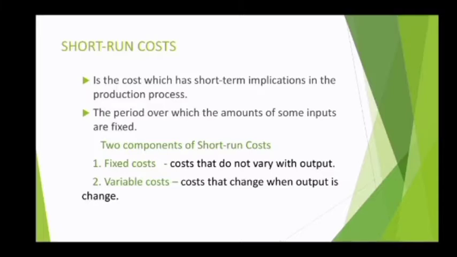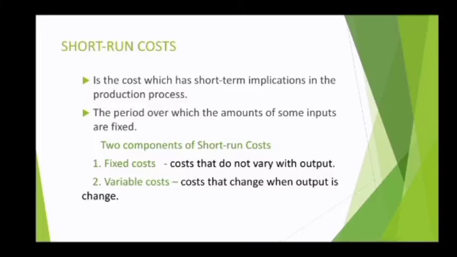The total cost of producing output in the short run consists of the cost of fixed inputs and the variable inputs. These fixed and variable inputs are the two components of short run cost. So we can talk all about the two components of short run cost. The first is the fixed cost, and it is the cost that does not vary with output.